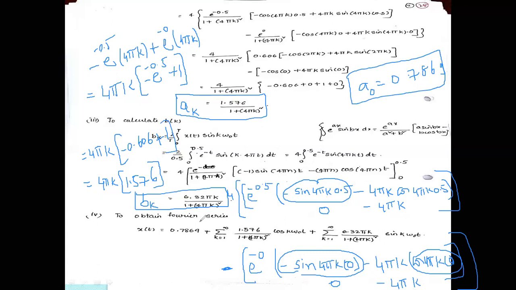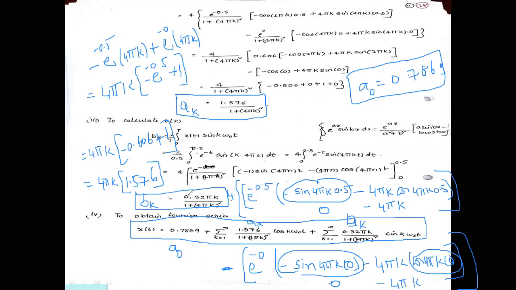All these terms can be substituted to obtain the Fourier series. To obtain the Fourier series, x of t is equal to the first term a of 0, and the second term, sum of k equal to 1 to infinity of a of k into cos k omega naught t, where a of k is 1.576 divided by 1 plus 4 pi k square. And the third term is sum of k equal to 1 to infinity of b of k into sin k omega naught t.